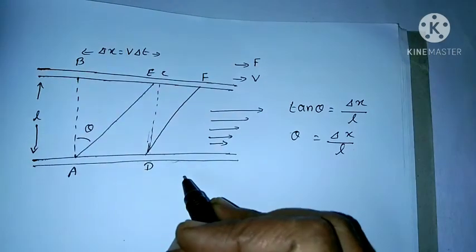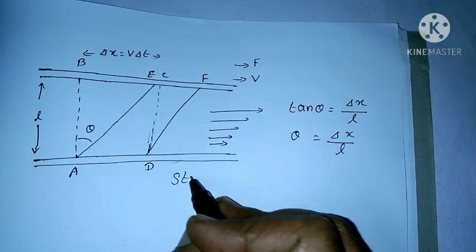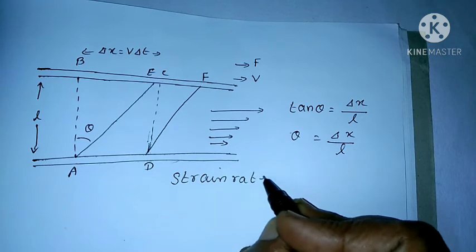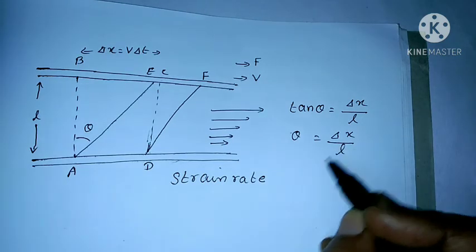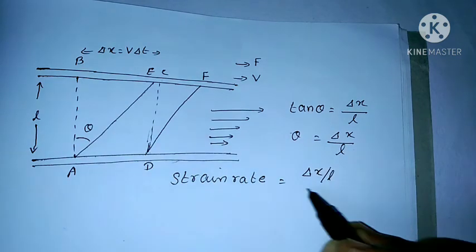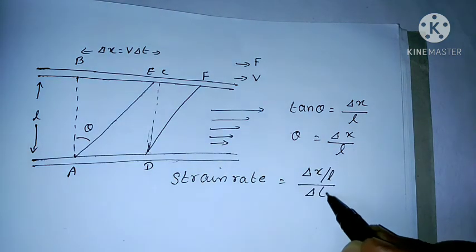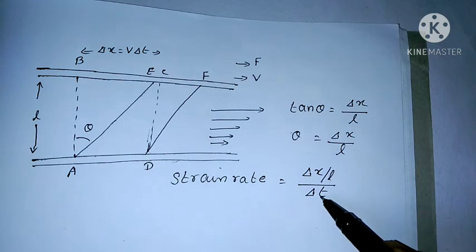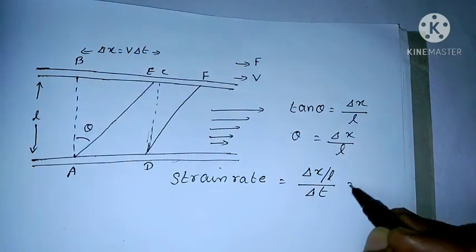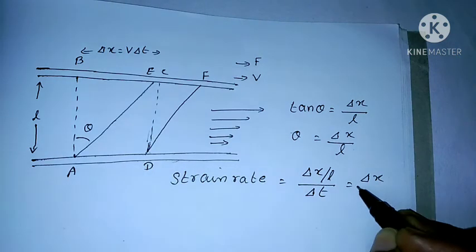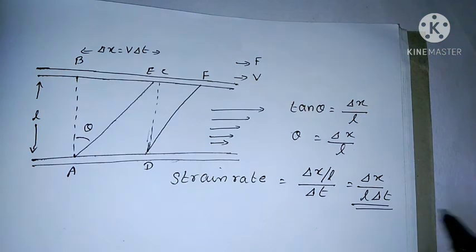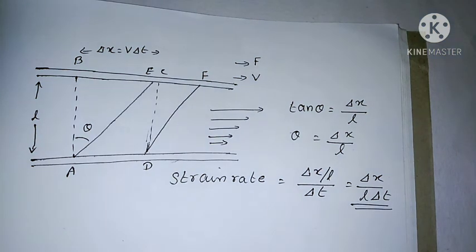Strain rate equals the shearing strain with respect to time, that is delta x by L divided by delta t. So this is the strain rate, or rate of change of strain.